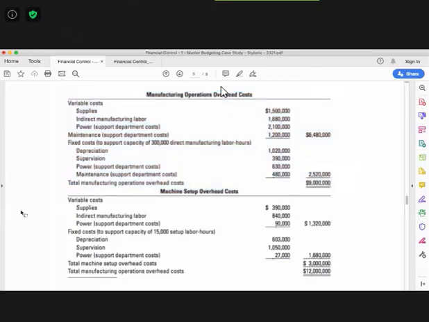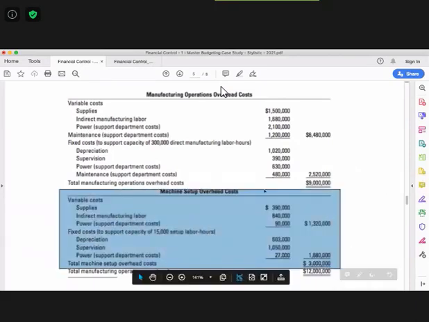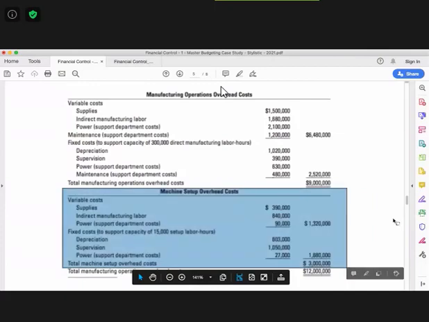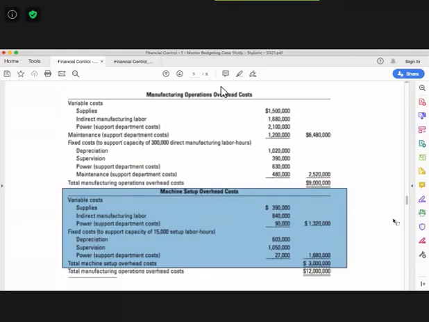And we have a second center for which we identify some costs for 3 million, which is machine setup overhead cost. This 3 million is linked also to some power, some depreciation, supervision, but not to manufacturing the product, but to setting up the product. When you go from one product to the other, you need to change the machine settings and so on.